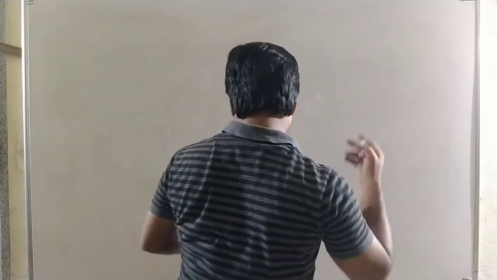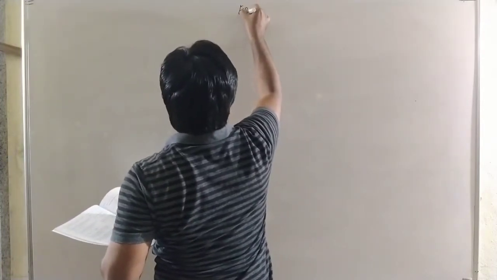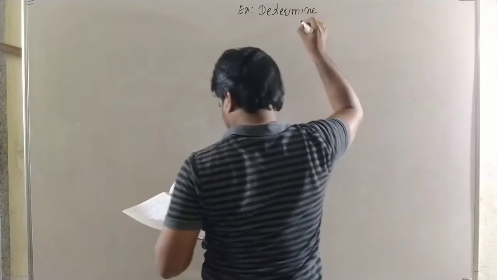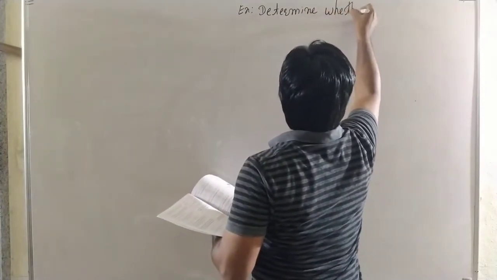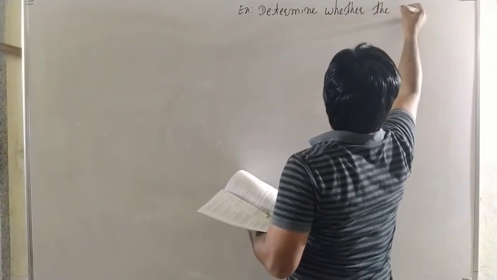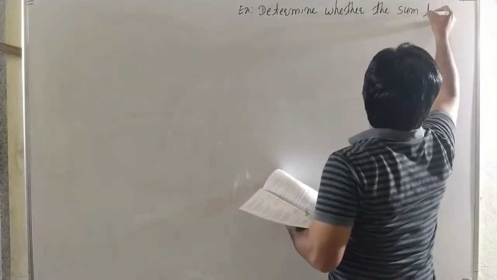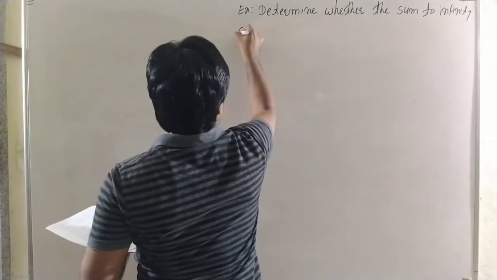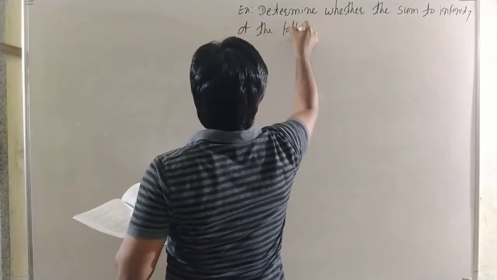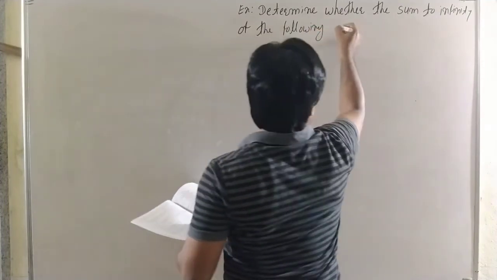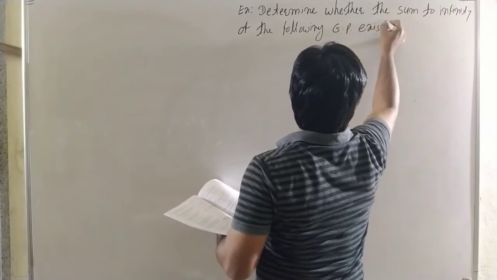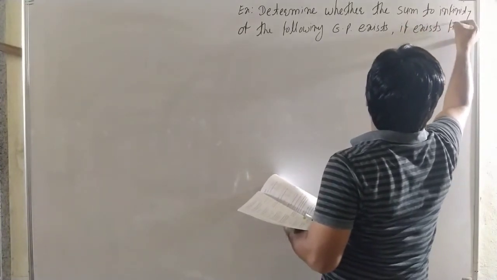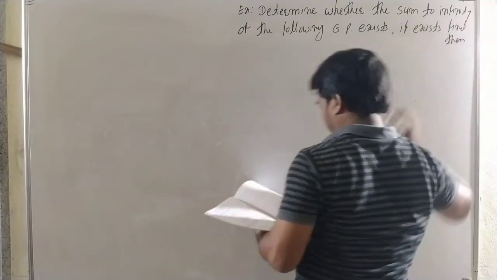Now the example in exercise 2.3: determine whether the sum to infinity of the following geometric progressions exists. If it exists, find it.